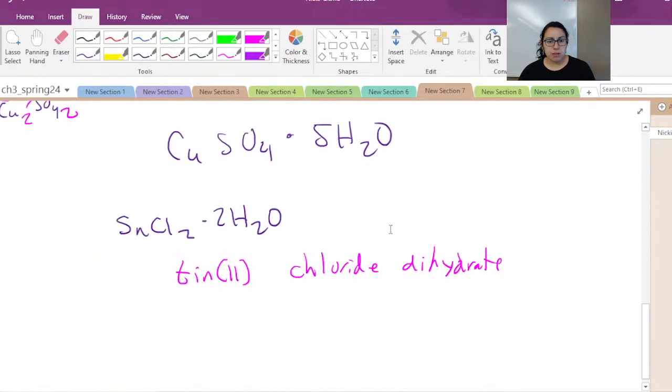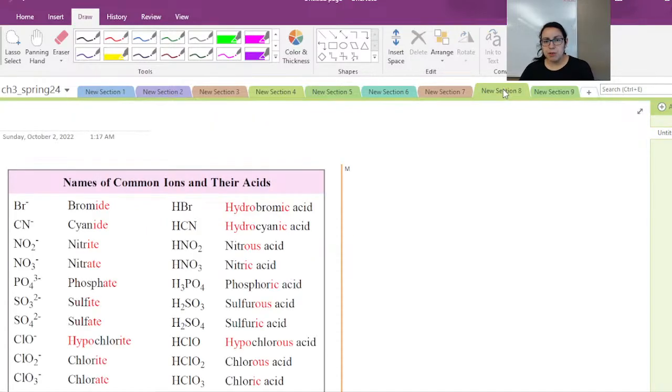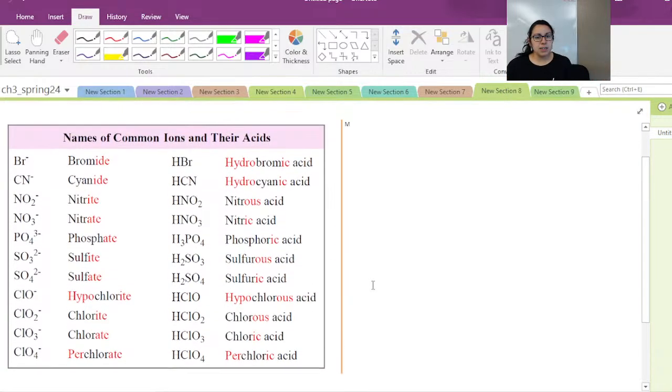So then we were able to figure out that it was 2, right, because there were 2 chlorides there. So then it goes back to, okay, well, chlorine is -1, so -1 times 2 is -2. So we had a +2 to balance it. Excellent.